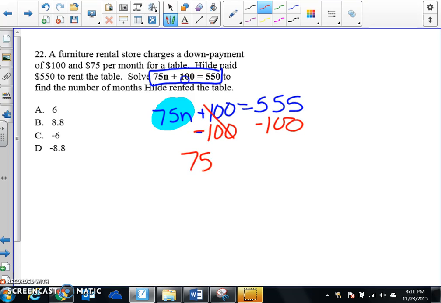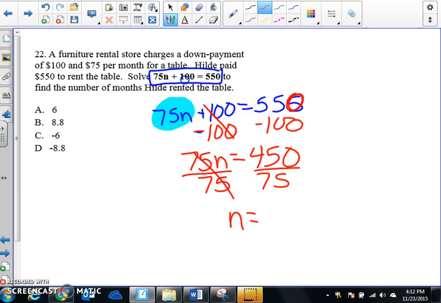Bring down your 75N. 550 minus 100 is 450. This is 75 times N, so the opposite of multiplying by 75 is dividing by 75. N equals, and I don't feel like doing this in my head. Let's see. 450 divided by 75 gives me 6. So A.